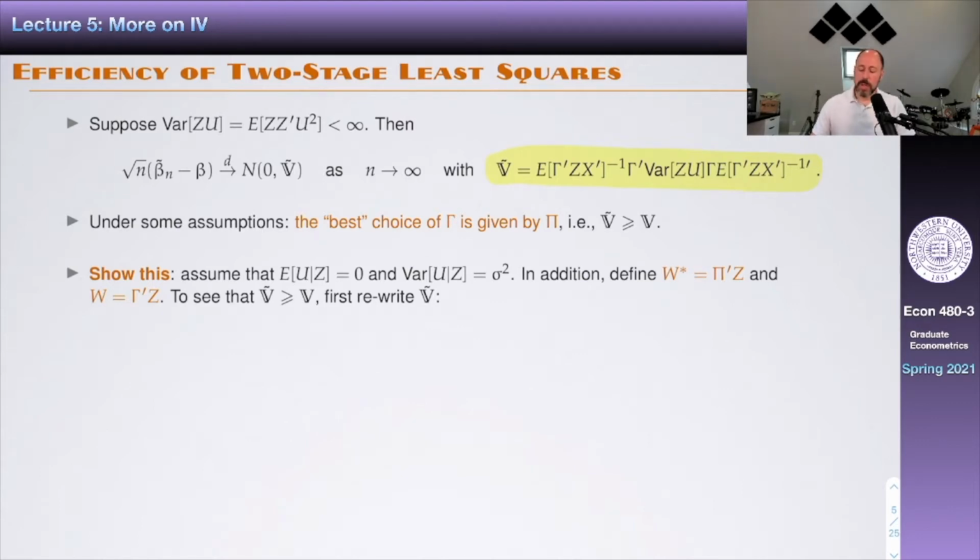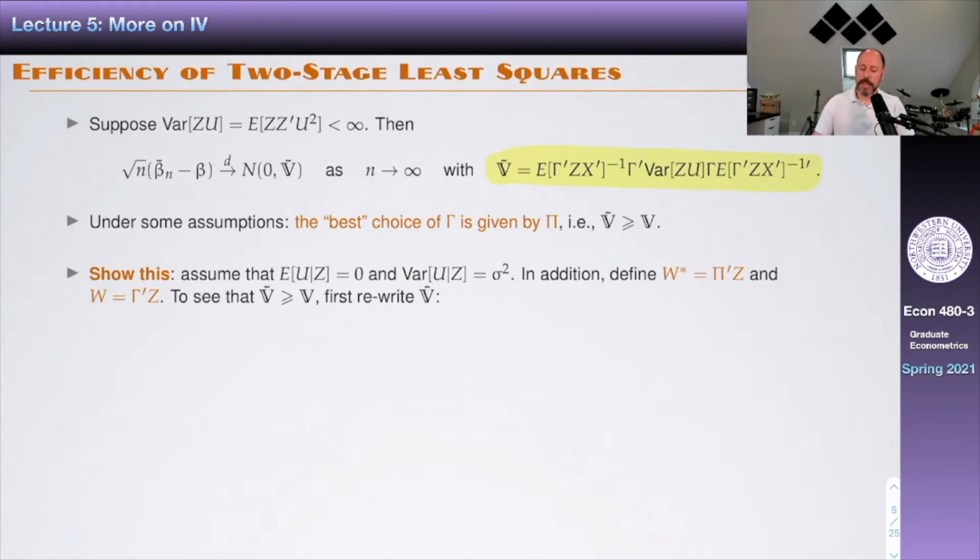And instead of including the pis floating around, it now has this gamma. So what we want to show now is that under some assumptions that I'm going to describe next, the best choice of gamma is given by pi. And that means that this matrix over here, B tilde, is at least as big as the same matrix that we obtain when we do two-stage least squares.